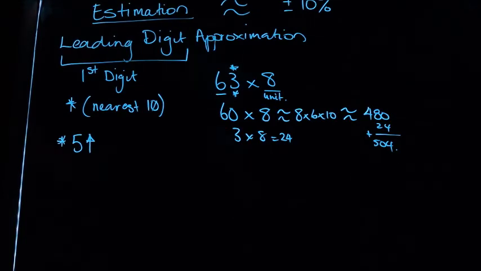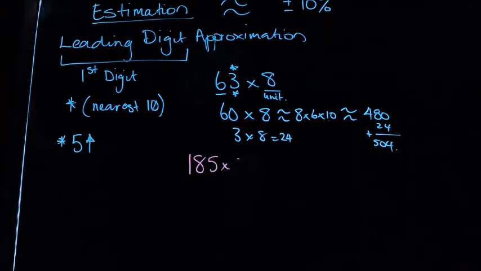Okay, let's try another number. I might change the color of my pen here, and let's look at some bigger numbers where we can really use this technique. I'm thinking 185 times 37 might be a good one to do. Here are our leading digits. So what's this going to round to?